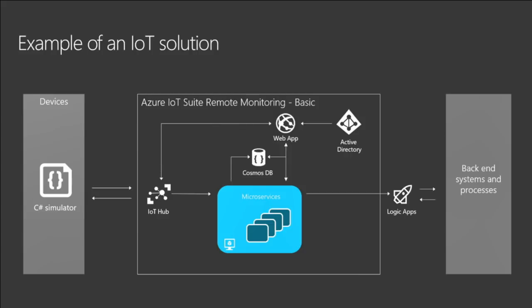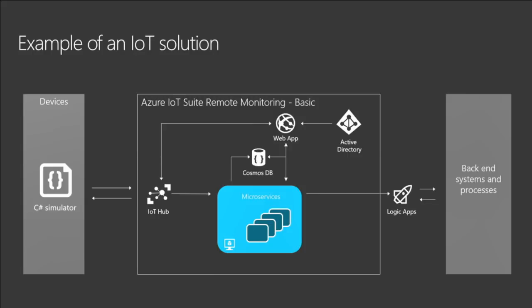It has microservices that you can configure at will to display a dashboard and so forth. There's Cosmos DB to store that data if you want to analyze it later. We're using Active Directory to do user login into the mechanisms. And then we have Logic Apps on the other hand, so that we can trigger a line of business workflow in Dynamics or something like that behind that.